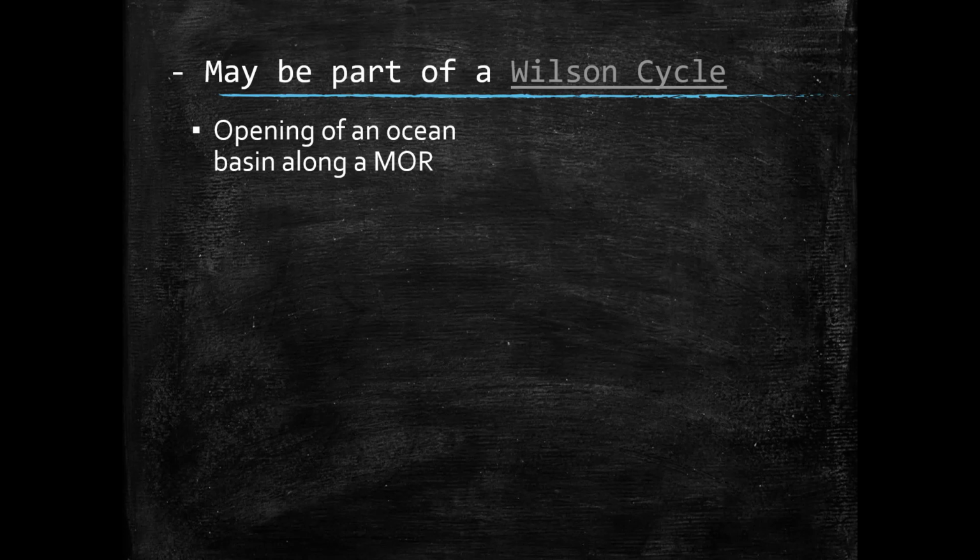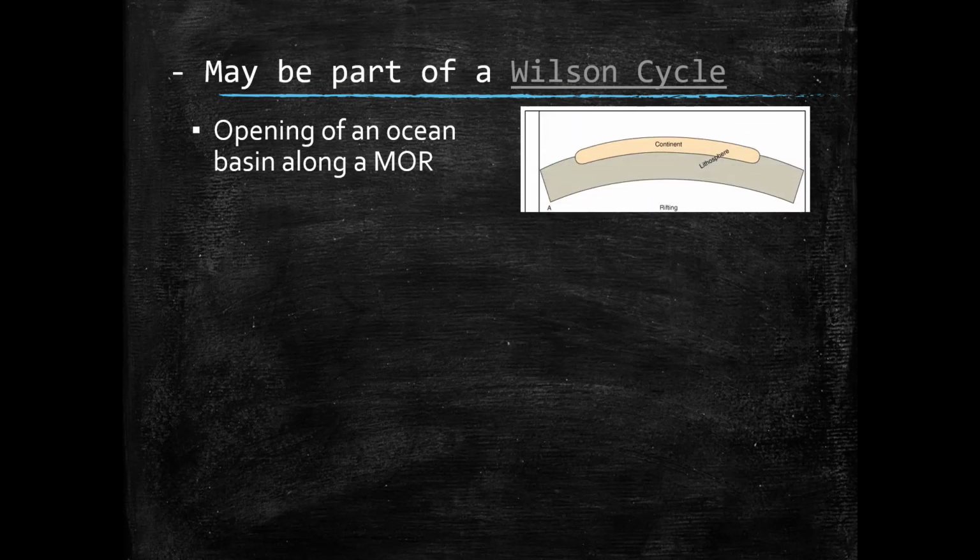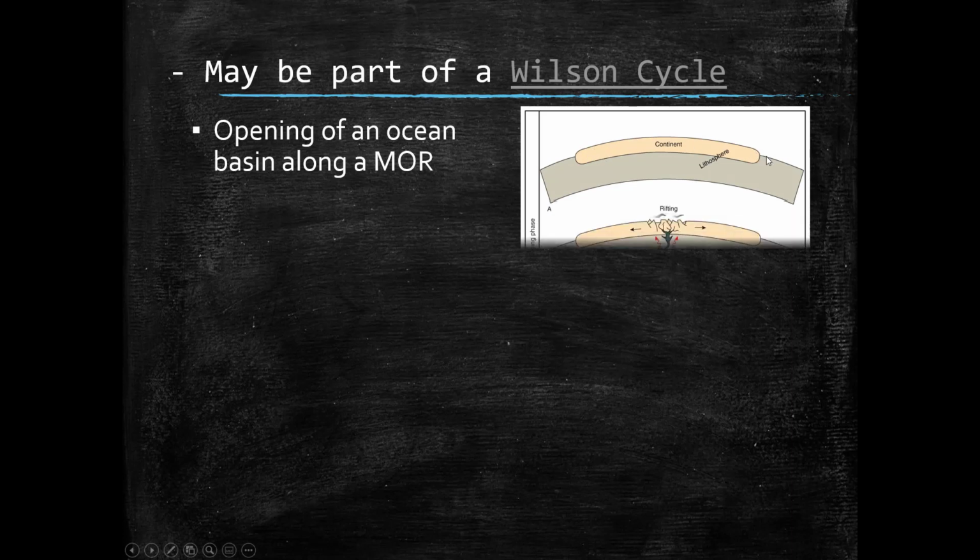So you have the initial opening of an ocean basin along a MOR, or a mid-ocean ridge system. So you have these rifting events that can occur in continents to the point where you begin to create a mid-oceanic ridge. So here you have a continent. This is a very simplistic model, but it does the trick. So you have a thick continental chunk of crust, and you have rifting. So this will create rift valleys.